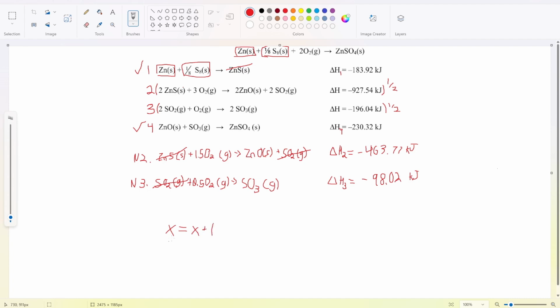So if I have x equals x plus 1, you have common variables, which means you can subtract x on both sides to just get 1, right? So that's what I'm technically doing here. I have one sulfur oxide, and I have 1 sulfur oxide, because remember we did the 1/2. And they're on opposite sides of the equation, so we can just remove them from each other, right?